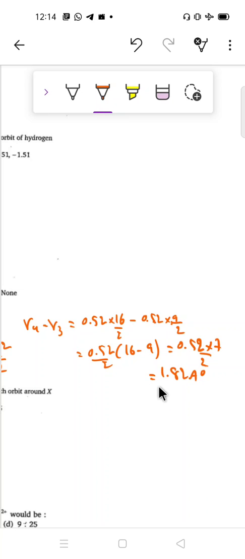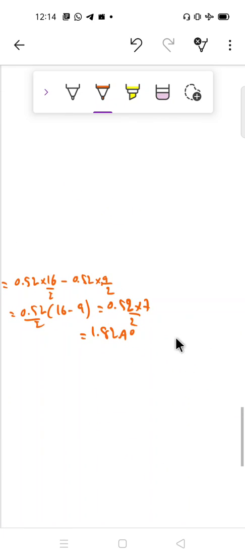angstrom units. On conversion, 1 angstrom is equal to 10 power of minus 10 meters. Let us substitute 1.82 into 10 power of minus 10 meters.